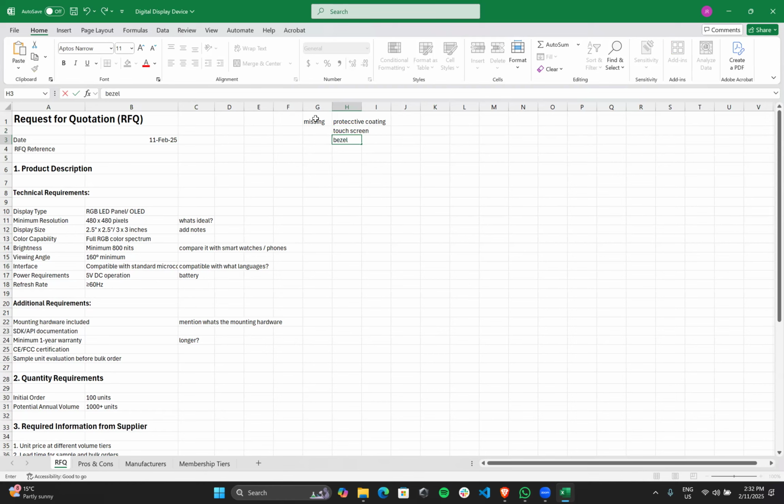We want minimal border on this thing. We want to know also what the thickness is of it, without the pin. Okay, and those are things that are missing that I can think of right off the top.